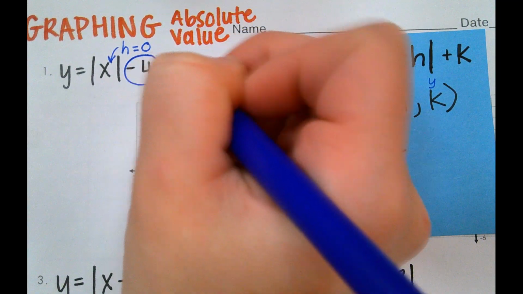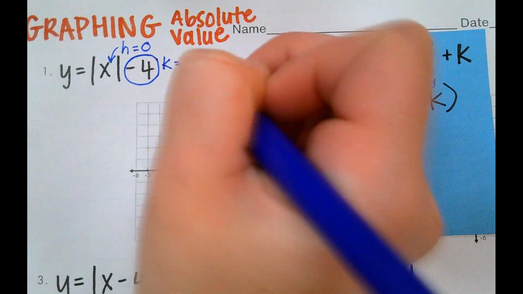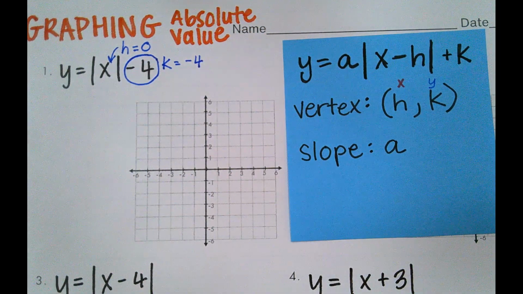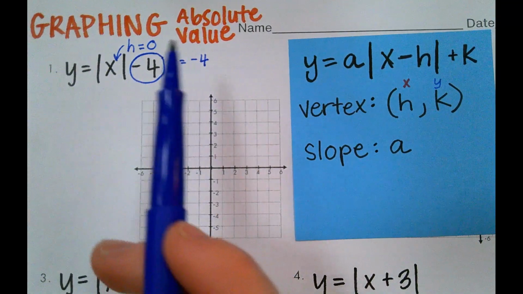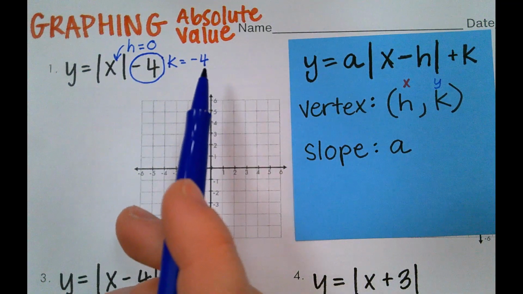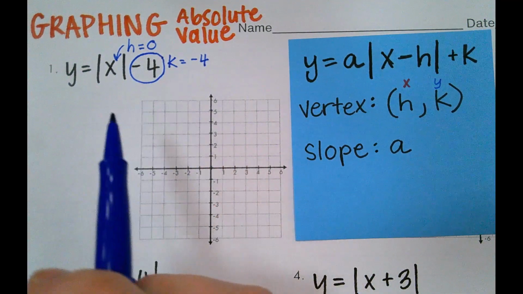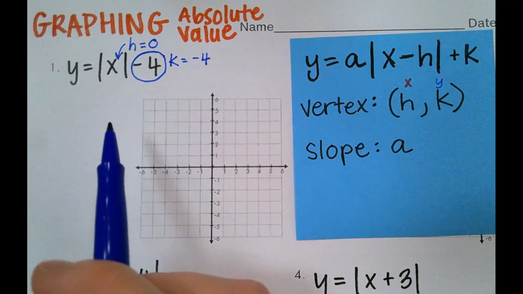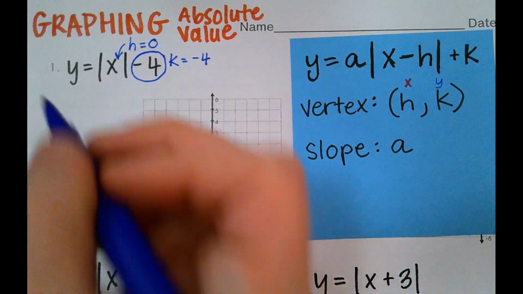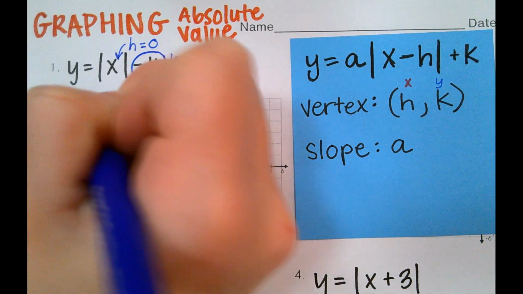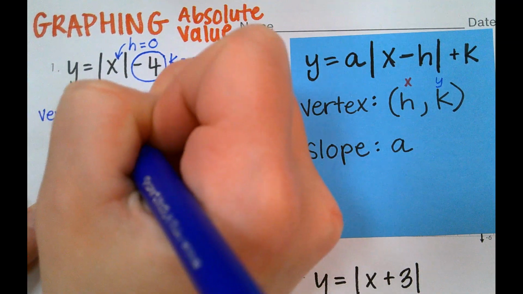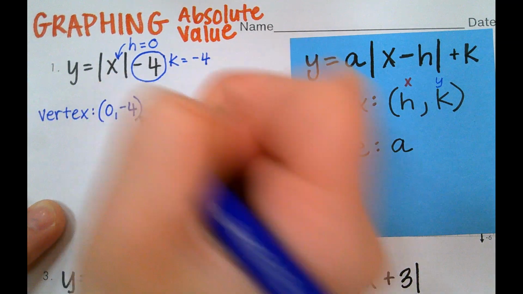So k is negative 4. If h is 0 and k is negative 4, what would my vertex be? 0, negative 4. Let's write that to the side. Vertex 0, negative 4.